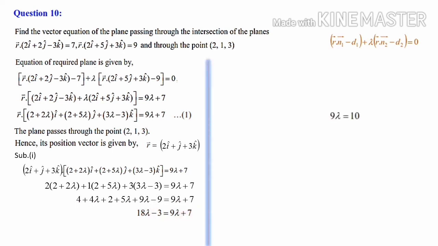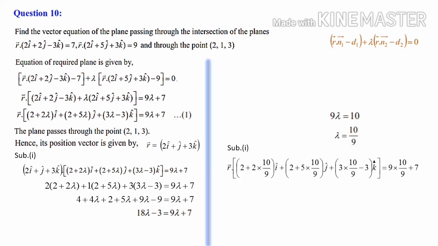Then the 9 lambda on the right comes to the left side as minus 9 lambda, so 18 lambda - 9 lambda is 9 lambda. This minus 3 goes to the right side and becomes plus 3, so 7 + 3 is 10. And lambda is equal to 10 divided by 9. So we have got the value of lambda.